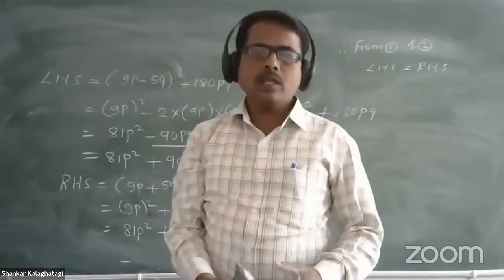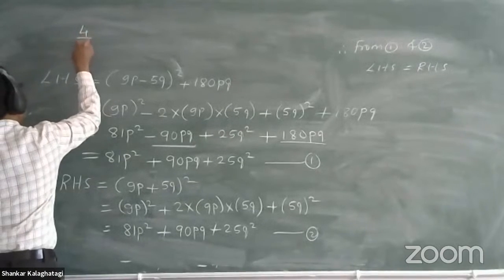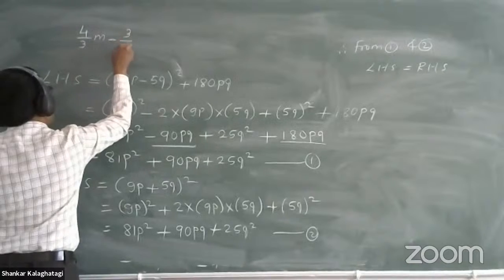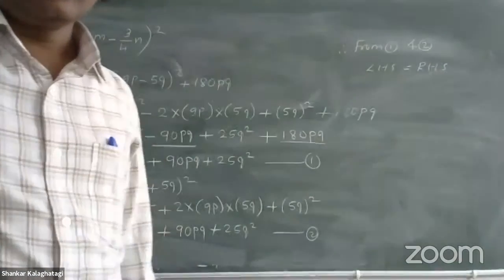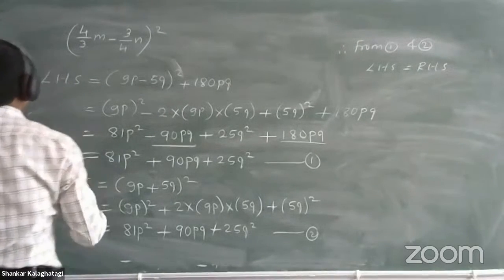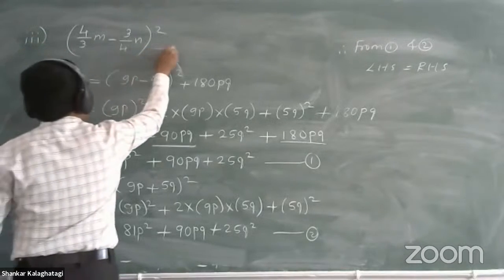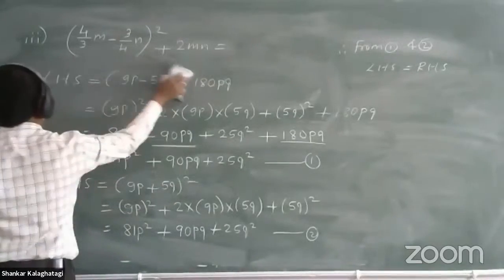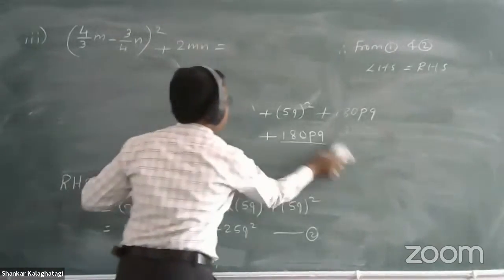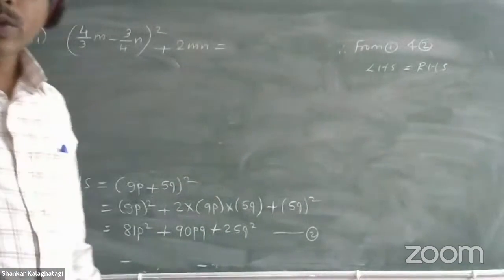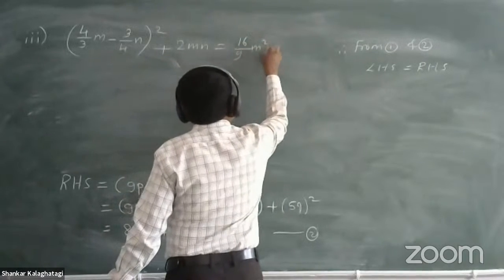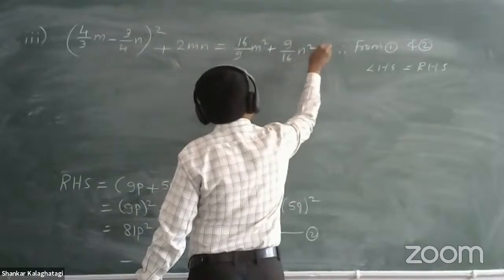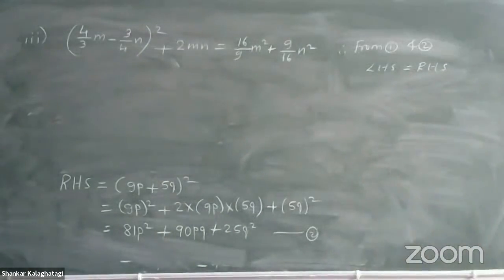Third main question is (4/3 m − 3/4 n)² + 2mn equals, we should show, 16/9 m² + 9/16 n². Complete this very fast.